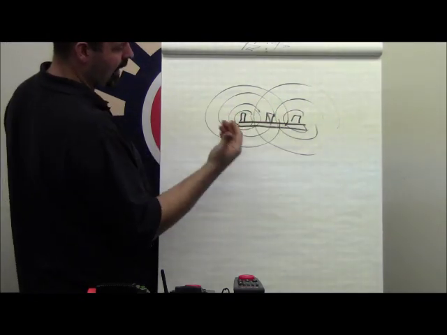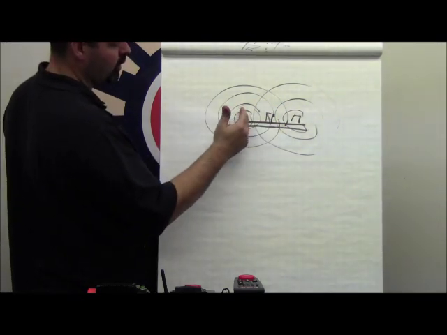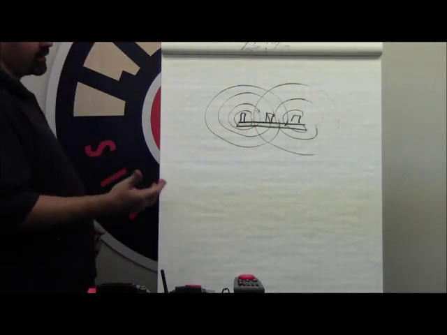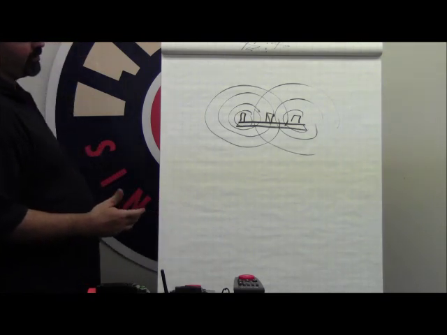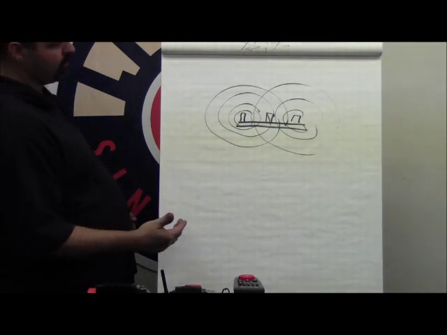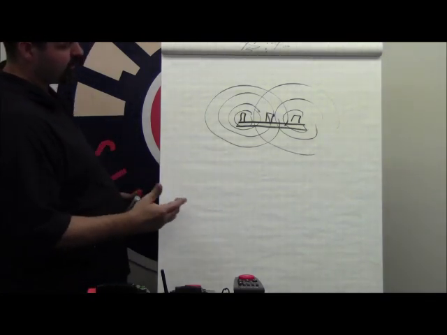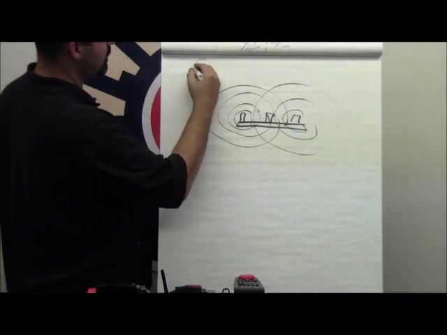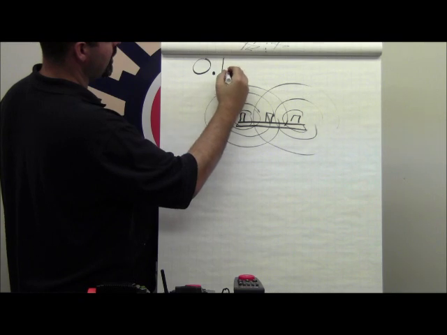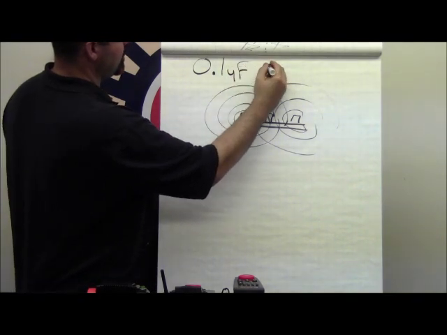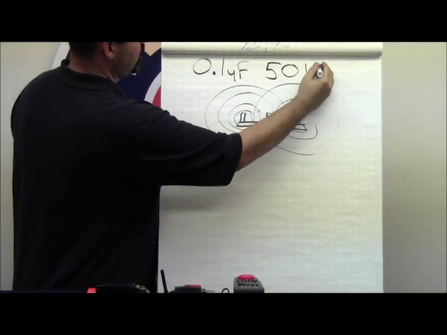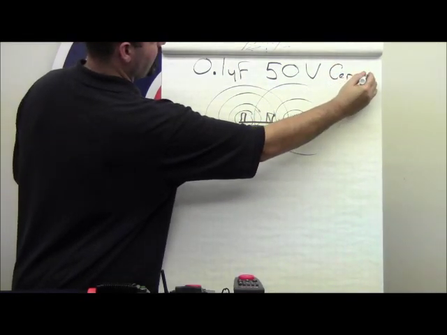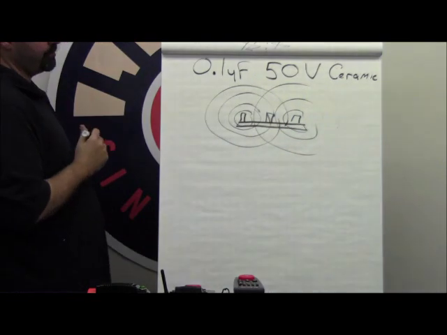If you have a layout where you have one rail that's electrically isolated for block signaling or signaling purposes, there is a way to cheat it. In order to cheat that, what you do is you use a 0.1 microfarad 50 volt ceramic capacitor.